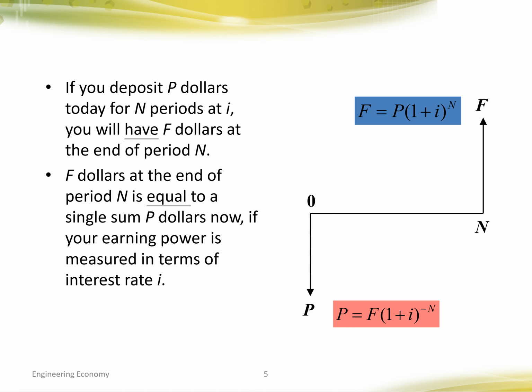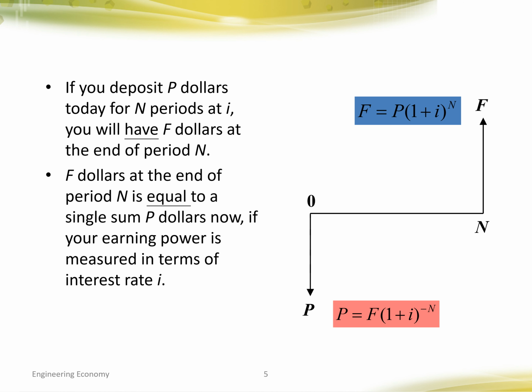So it can be computed as, for every period, your worth will be 1 plus i% more. So the total will be 1 plus i for n periods, so it will be to the power of n.